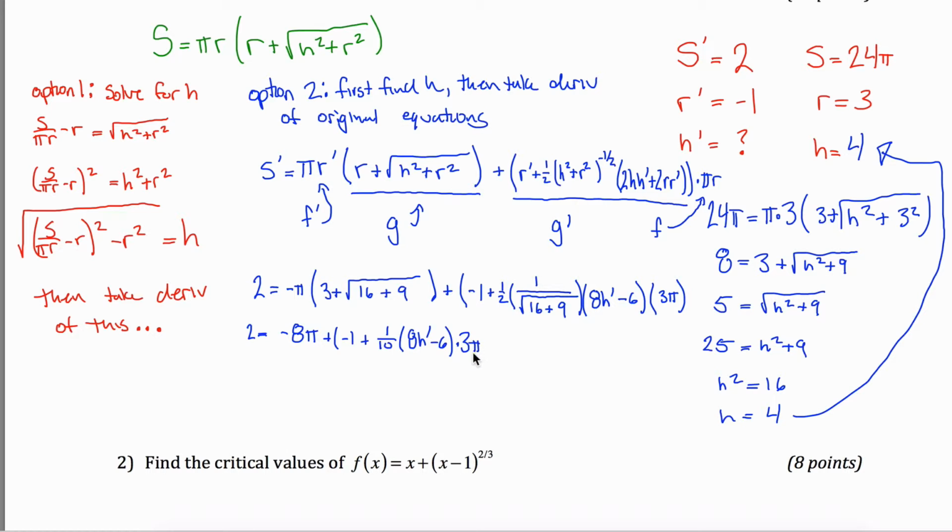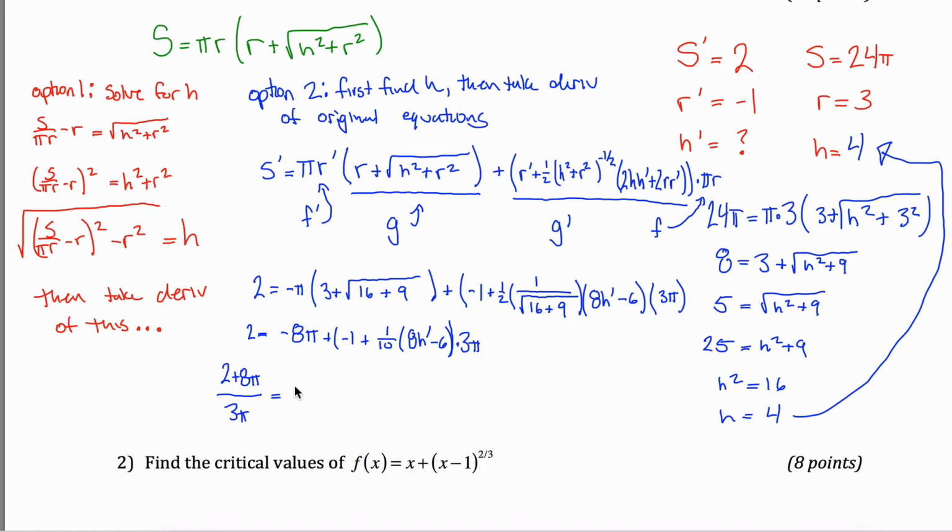Alright, I want to get this h prime by itself, so maybe I add 8 pi to both sides of the equation, 2 plus 8 pi, and then, let's be careful with my parentheses here, this 3 pi needs to get multiplied by all that stuff. That's better. So now I can divide by 3 pi. And I would get that equals -1 plus all this stuff.